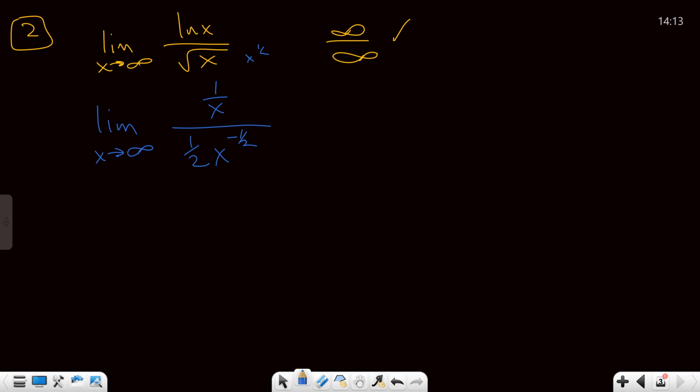Okay, so let's do some algebra. Dividing by a fraction is the same thing as multiplying by the reciprocal.